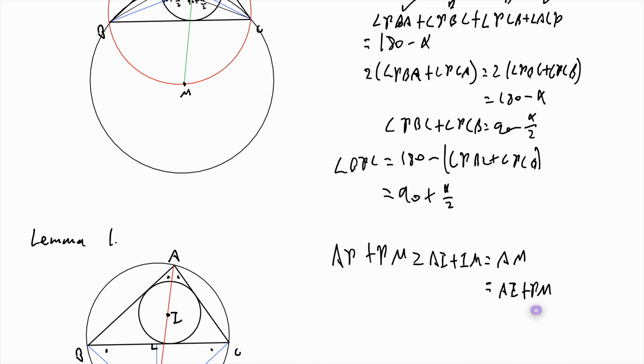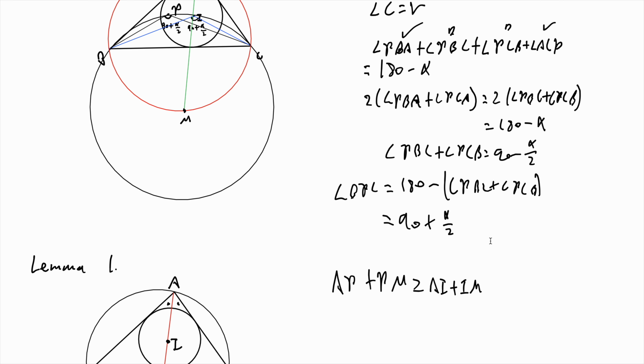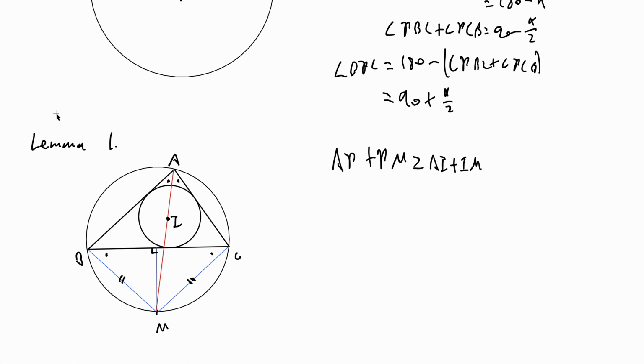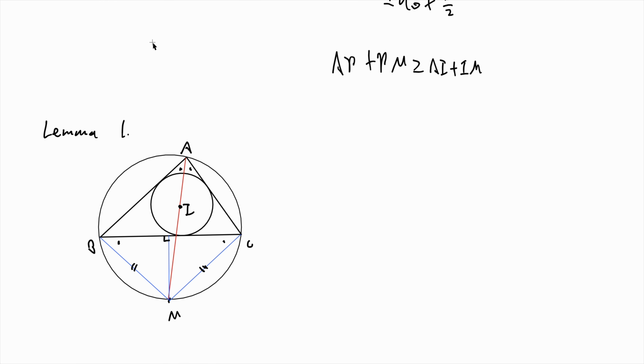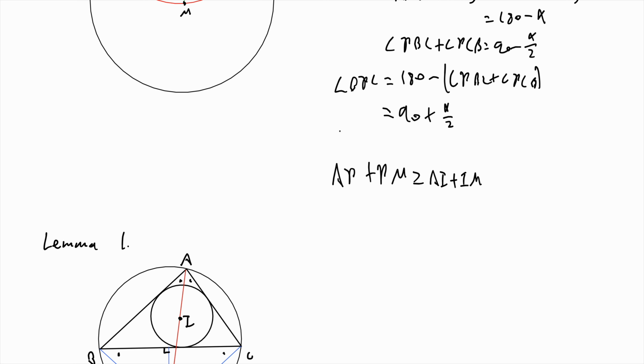Sorry, we don't know that yet. So far we know that this is true by triangle inequality. Now there is one more lemma that we're going to use today. Let me move this one down so that I have more space. Lemma 2.